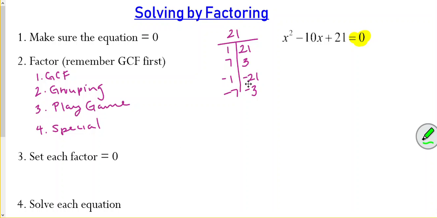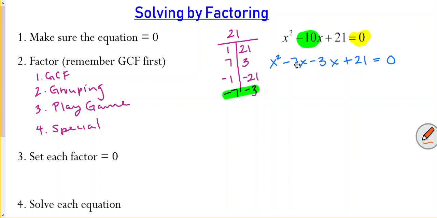Next, I'm checking which one of these will add to a -10. And that's -7 and -3. So now I'm going to rewrite my equation. x squared minus 7x minus 3x plus 21 equals 0.